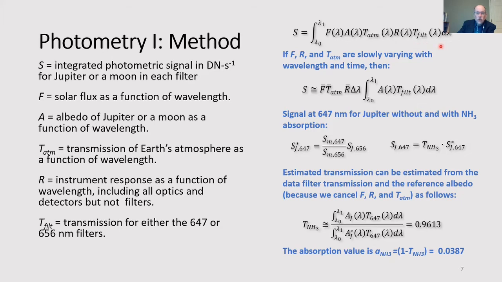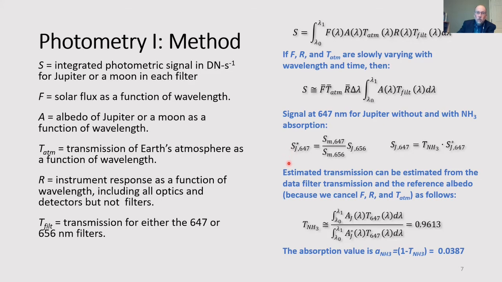All of those are functions of wavelength, and we integrate over them. But the flux of the sun, the transmission of the atmosphere, and the response of the instrument should be relatively constant over time and are relatively smooth in wavelength.